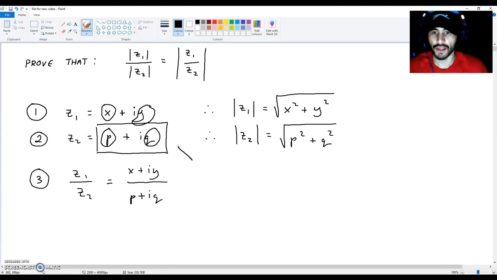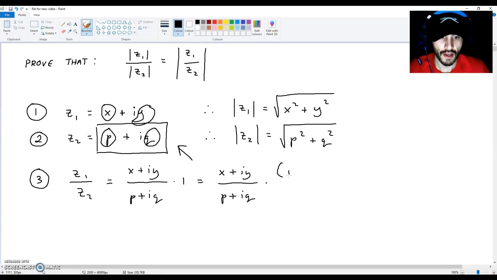We are going to multiply this by 1 so that we can end up getting our other complex equation. If we multiply it by 1, we get x plus iy over p plus iq times p minus iq over p minus iq.